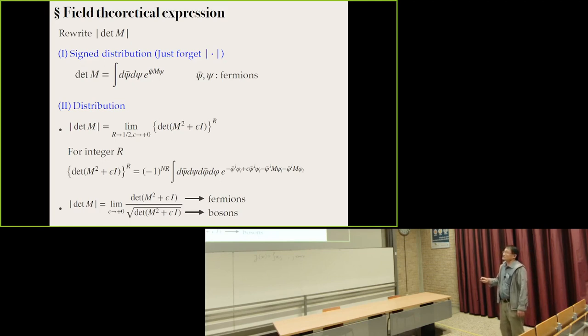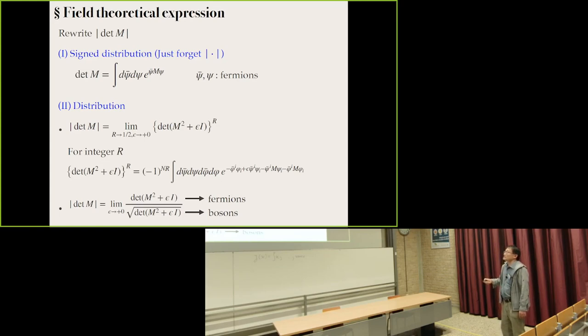So one can try this expression here. Here, I have introduced two parameters, epsilon and r. When r goes to 1/2 and epsilon goes to 0, this is expected to become the determinant of the absolute value.